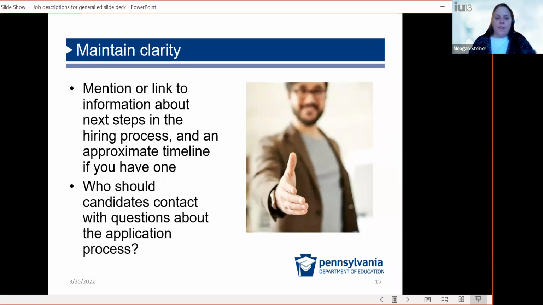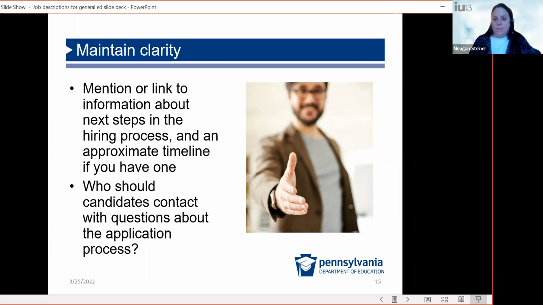Also, in terms of maintaining clarity, mention or link to information about next steps in the hiring process and an approximate timeline if you have one. This next one's important. Who should candidates contact with questions about the application process?